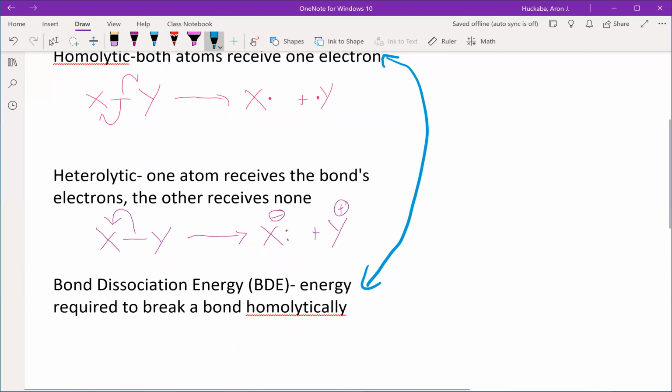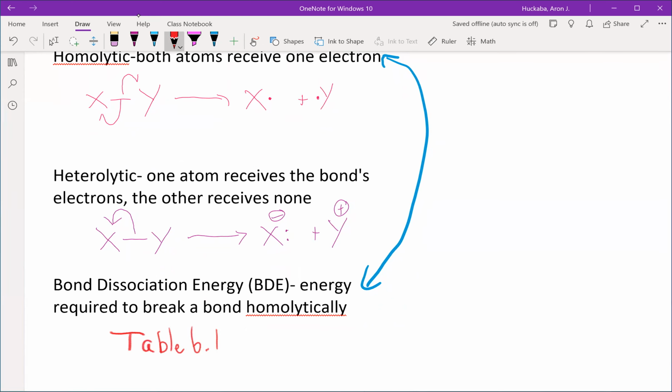In your book, in table 6.1, there's a whole table of bond dissociation energies that might be helpful to know, or at least have a look at, and see how much energy is in certain bonds.